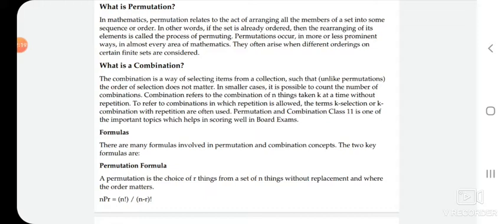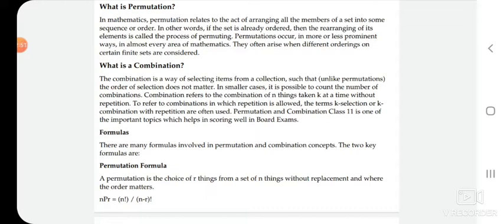First, we will discuss permutations. In mathematics, a permutation relates to the act of arranging all the members of a set into some sequence or order. In other words, if the set is already ordered, then the rearranging of its elements is called the process of permuting.